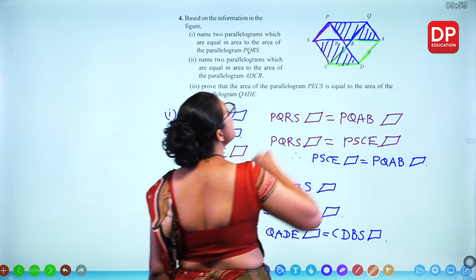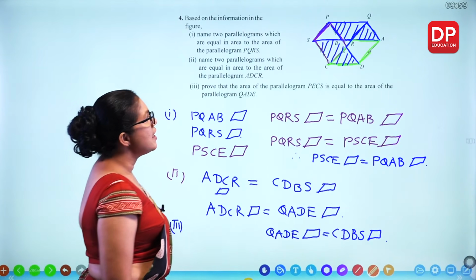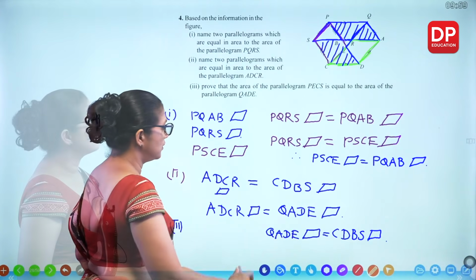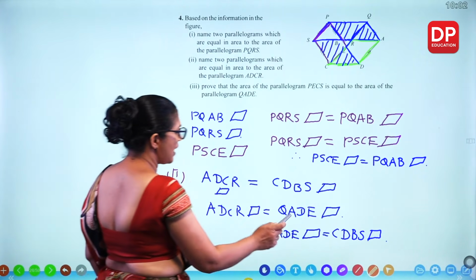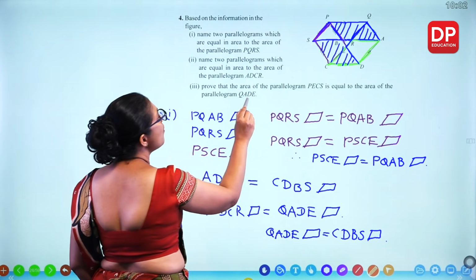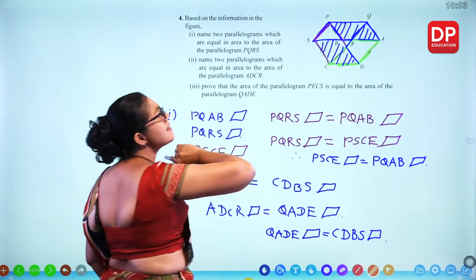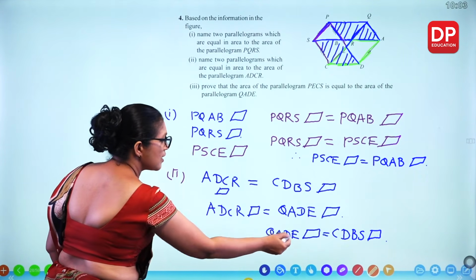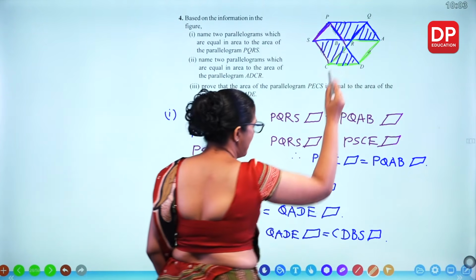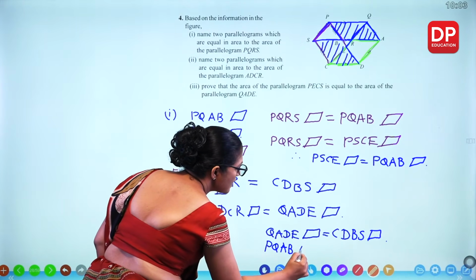We have to show that these two are equal. What can we say about that? We know these two are equal. Now when you look at these two parallelograms, QADE is same as what? QADE is same as PQAB.